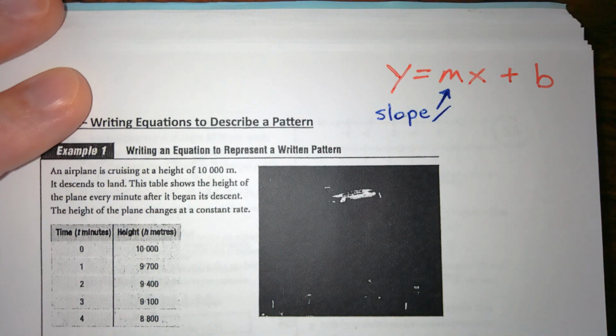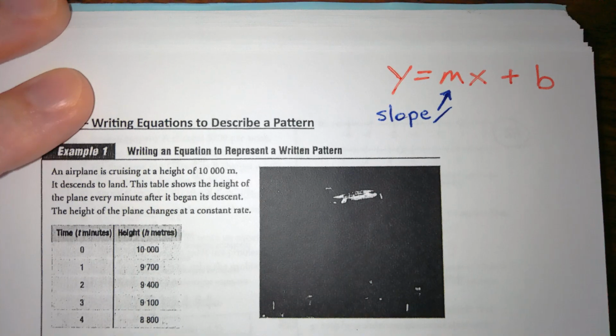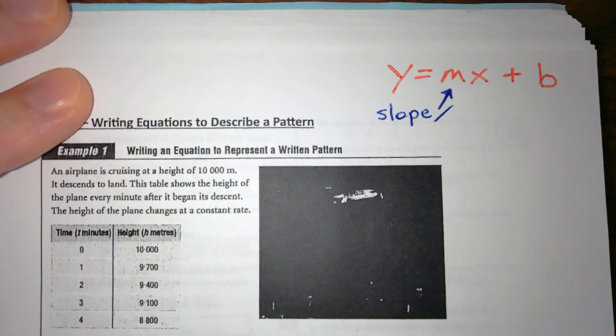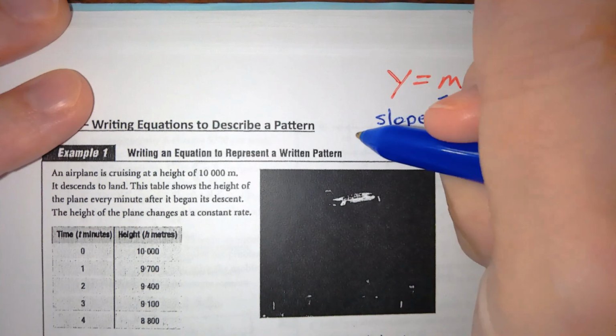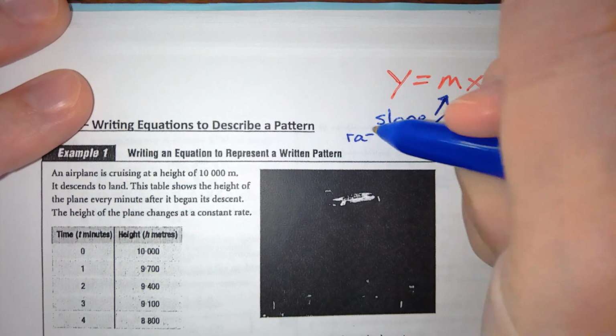It's basically the line. No, this is not homework, this is today's lesson. What's the word? Not the angle. Linear growth. Okay, I like that. So I'm going to say rate of change.